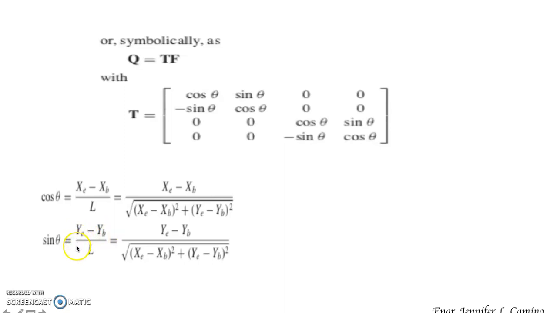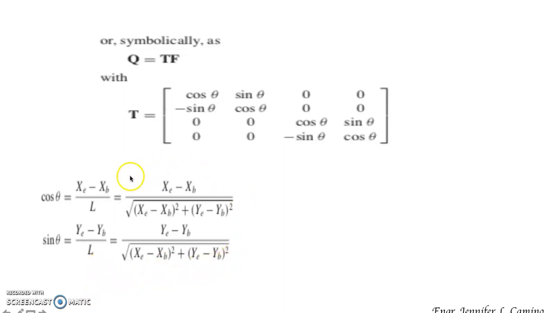Y sub e is the distance from the origin of the truss towards the end of the member, and y sub b from the origin of the truss towards the beginning of the member. Of course, L refers to the length of the member in a vertical direction. So this one is used if the member is in an inclined position, so you're going to get the y component for your member.